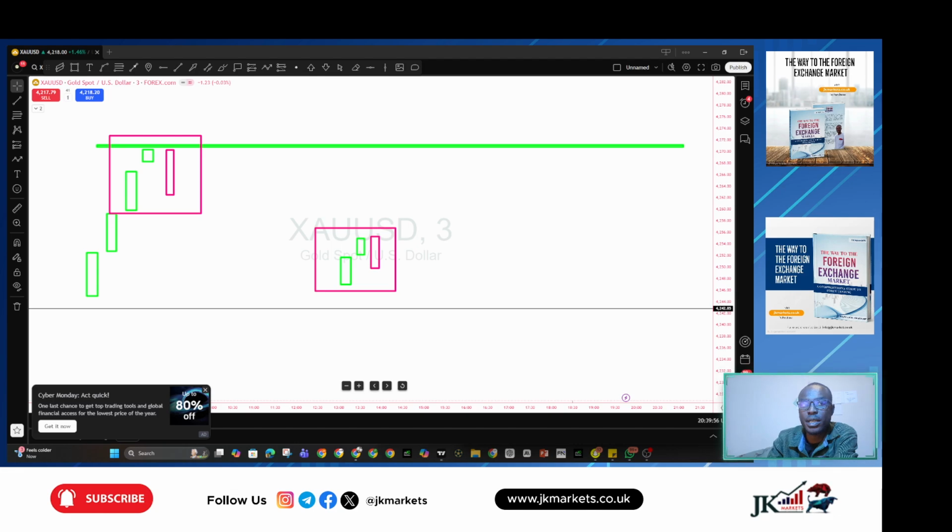It can be a long green candle like this, and then a red candle, another red candle. This is an evening star, which is usually going to form on a resistance. It will always form on a resistance. Don't forget that evening stars will always form on a resistance.